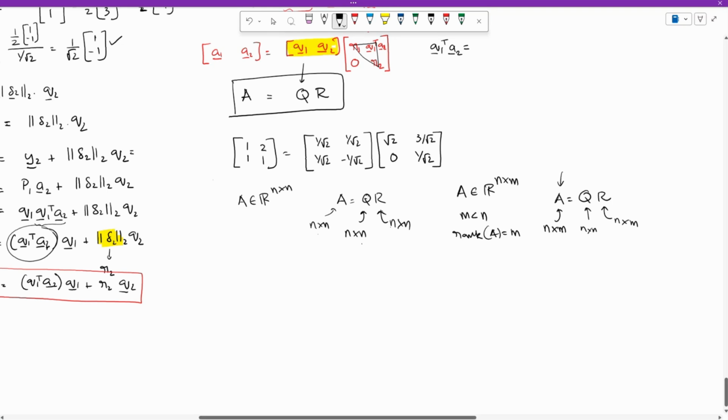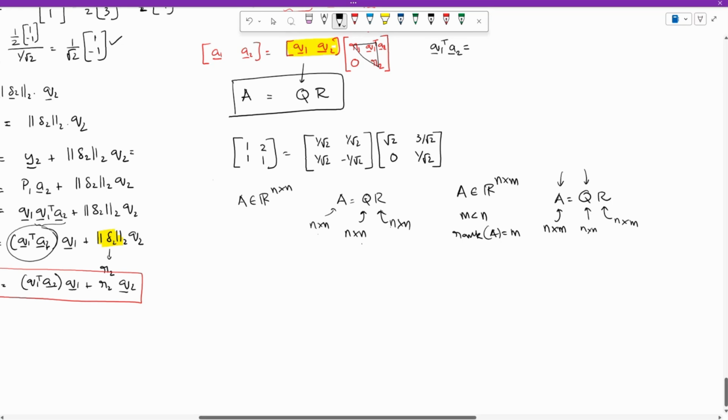What are the columns of A? Well, the original set of linearly independent vectors that you started with. What are the columns of Q? Well, how did you get Q?